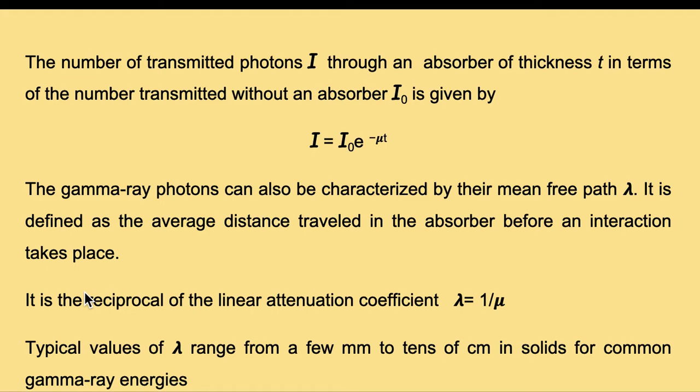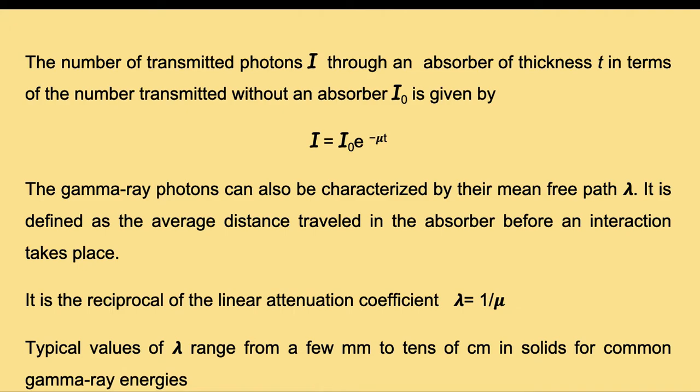And you can see that it is inversely proportional to the probability of absorption. That means if you are absorbing a gamma ray very easily, that gamma ray cannot travel a large distance.